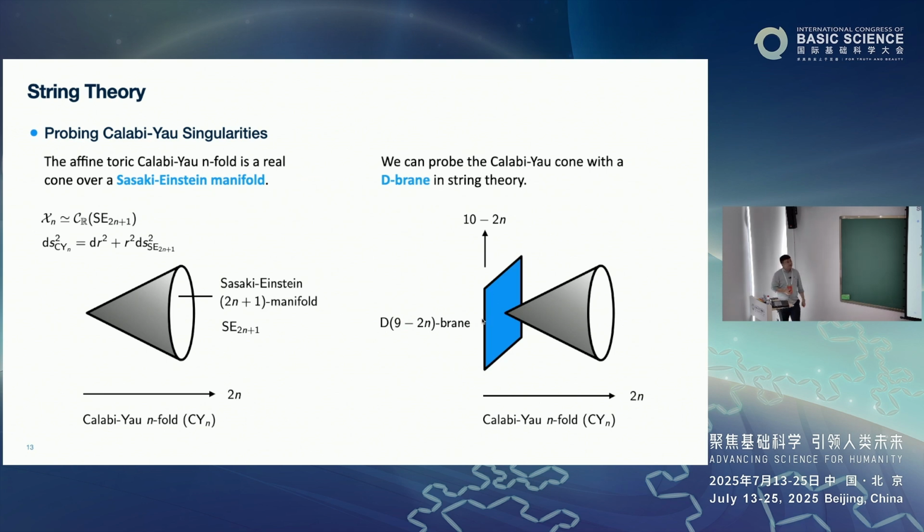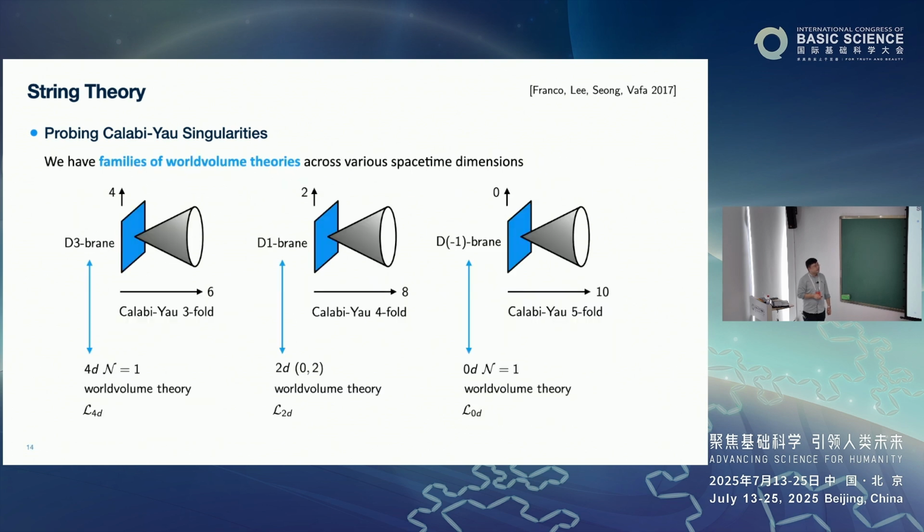So now we have geometry meeting string theory construction, one of the simplest, where I'm probing with the brane the transverse geometry, in this case occupied by a toric Calabi-Yau n-fold. Because we are in 10-dimensional string theory, this gives me the following non-trivial configurations.